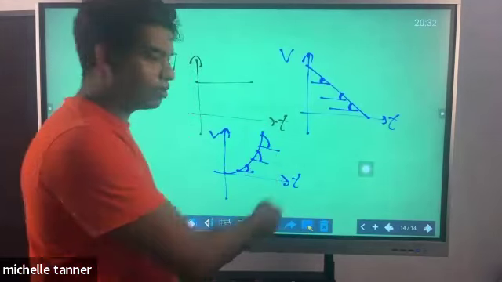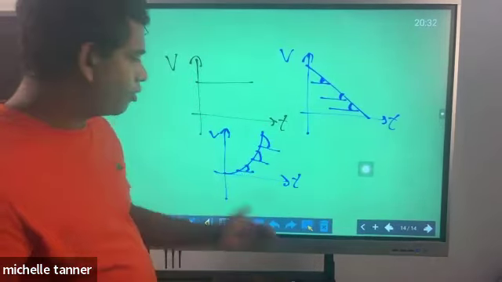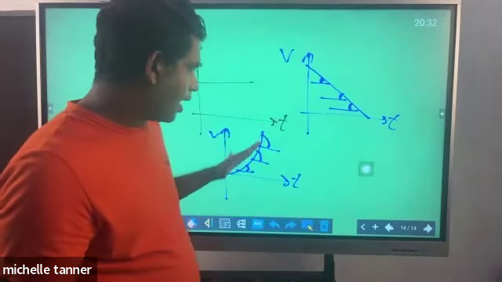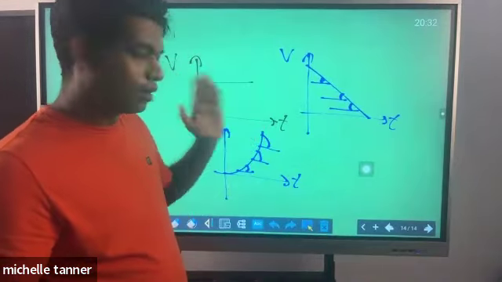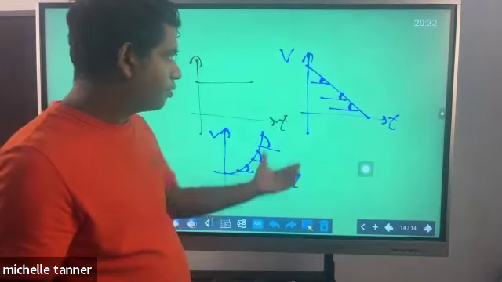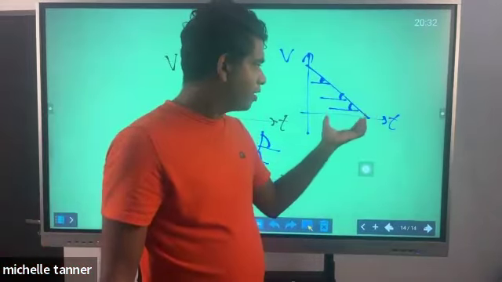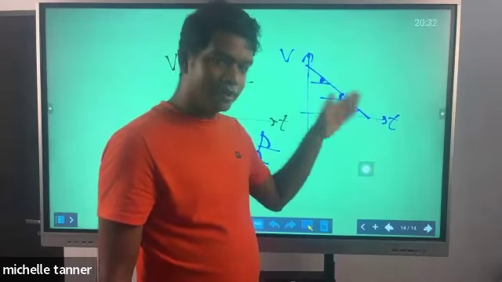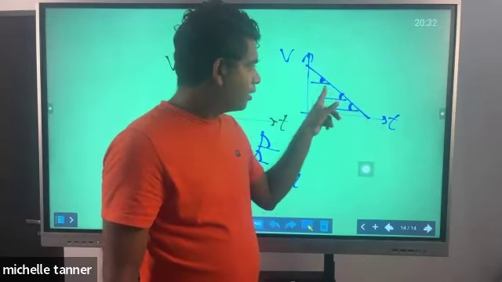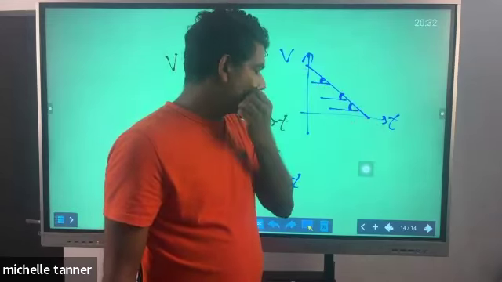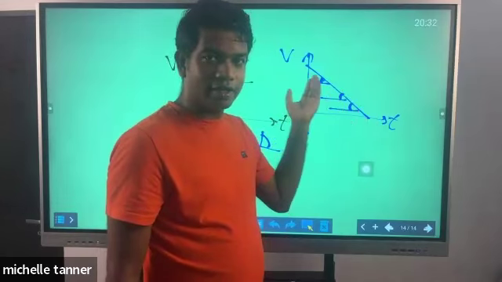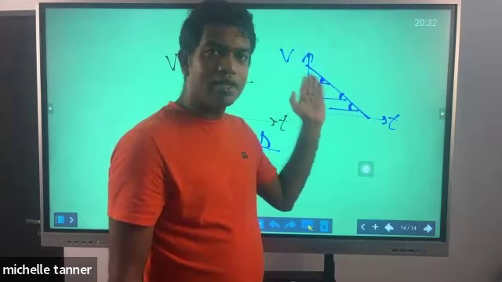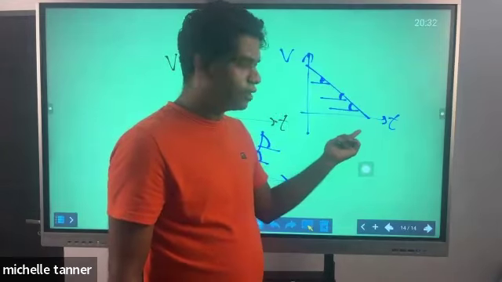Its angle increases with time. Therefore, the gradient increases. Gradient increases means acceleration increases. But in this graph, the gradient is constant, gradient equals acceleration, but acceleration is negative. Due to the negative gradient, the object is moving with constant deceleration. This graph.